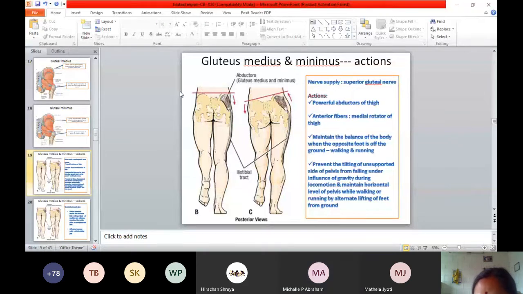It prevents the tilting of the unsupported side of the pelvis. Yes. So this is how it helps in which movement? Locomotion. Walking cycle, which is also known as gait, G-A-I-T. Confident? Yes, ma'am. Shall I proceed? Yes, ma'am. Okay.